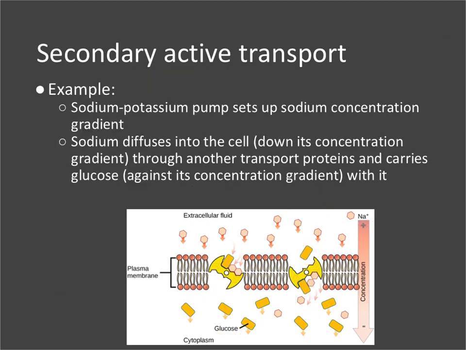This slide covers what I already covered on the previous slide, but just a reminder that for secondary active transport, there has to be primary active transport, which is what we discussed with the sodium-potassium pump. Now remember that the primary active transport requires ATP.